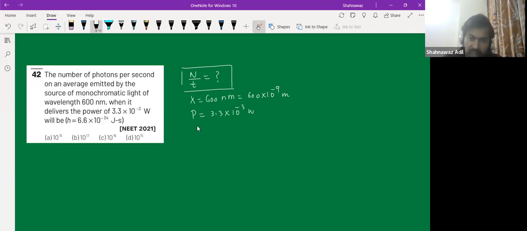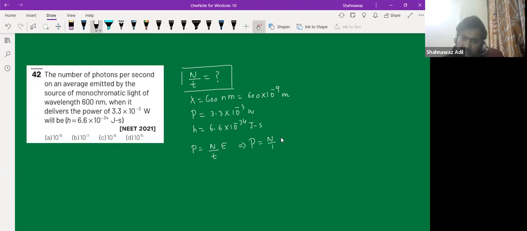And h is given, which is 6.6 into 10 to the power minus 34 joule seconds. We already know that power for N number of particles is N by t times E, and E is hc by lambda.